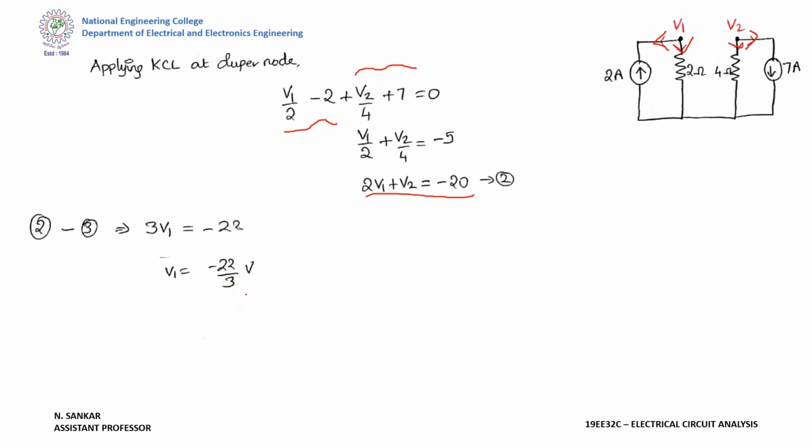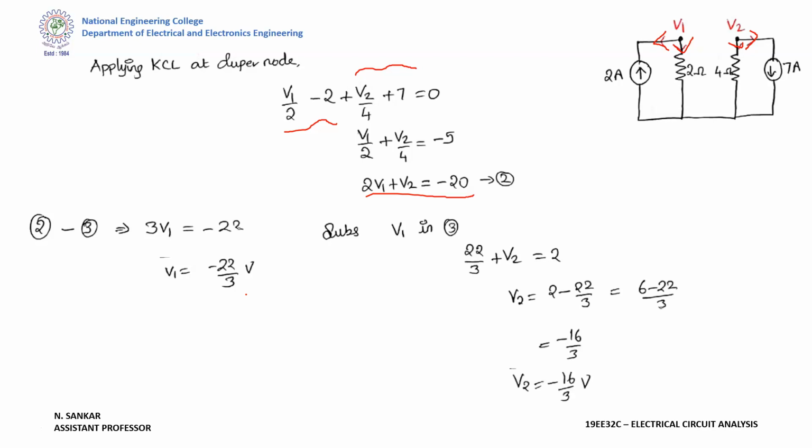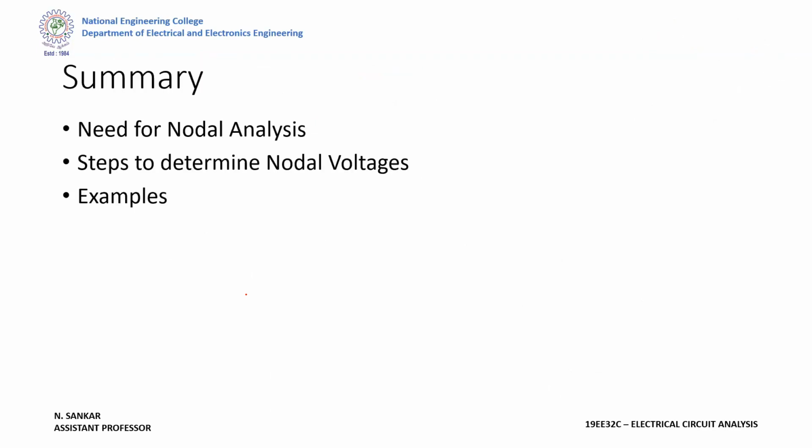Just substitute the value of V1 in equation number 3, so you will get 22 by 3 plus V2, which will be equal to minus 16 by 3. This is the voltage at node 2. The nodal voltages are V1 is equal to minus 22 by 3 and V2 is equal to minus 16 by 3. So these are the things we have covered in today's lecture.